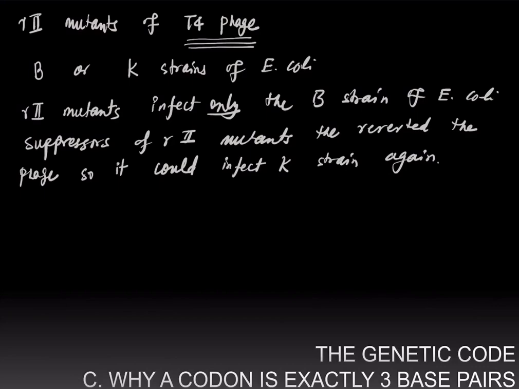To recap, wild type T4 phage can infect both B and K strains of E. coli. Crick and colleagues knew of mutants known as R2 mutants that lose the ability to infect the K strain, and so they infect only the B strain of E. coli.